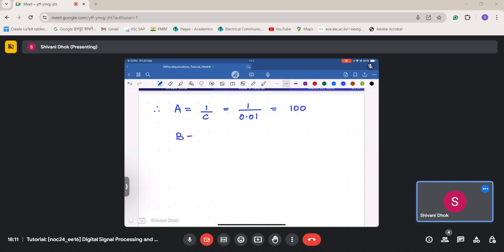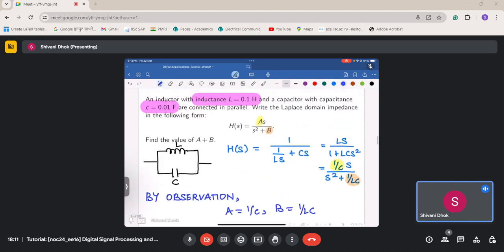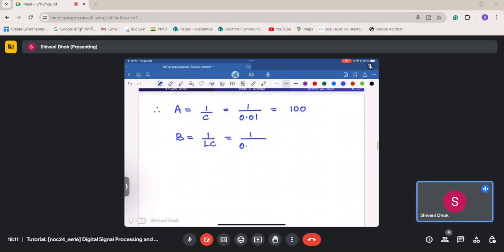Similarly, B is 1 by LC, which is 1 upon 0.1 into 0.01, which is 1 upon 0.001, equal to 1000. Therefore A plus B is 100 plus 1000, which comes out to be 1100. So this is your final answer.